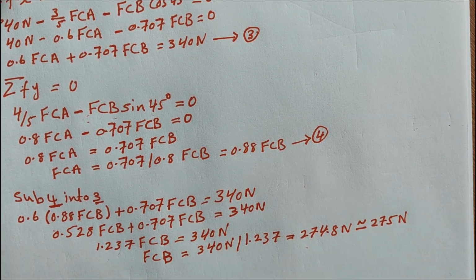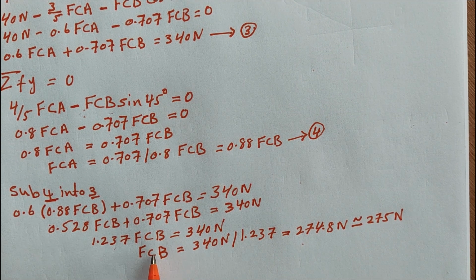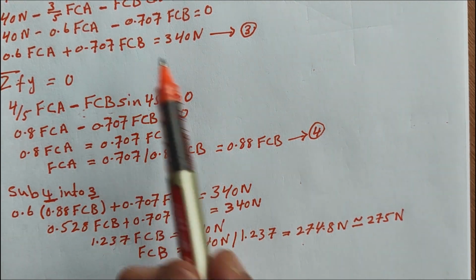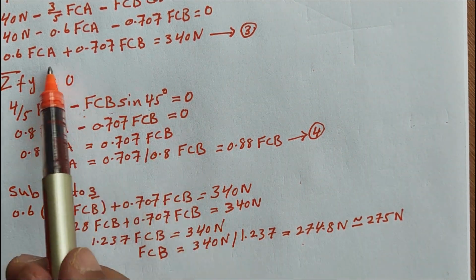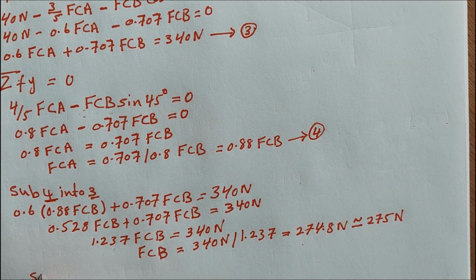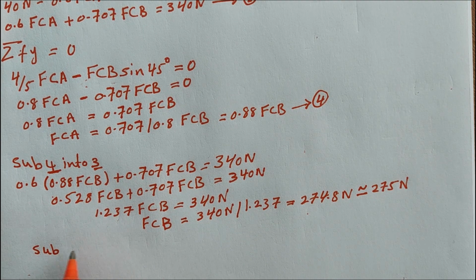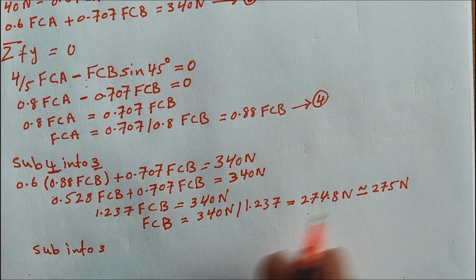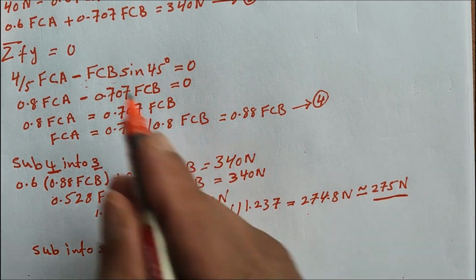We can do that. So now we found FCB, we can substitute back into 3 or 4 to find FCA itself. So substitute into 3, substitute this value into 3.